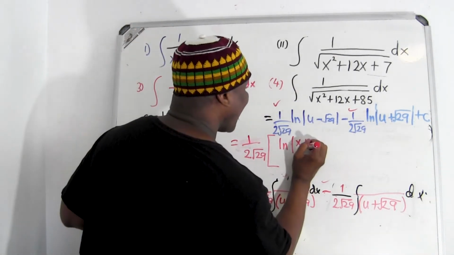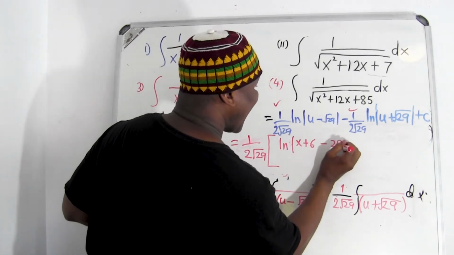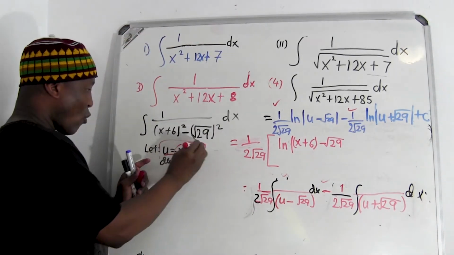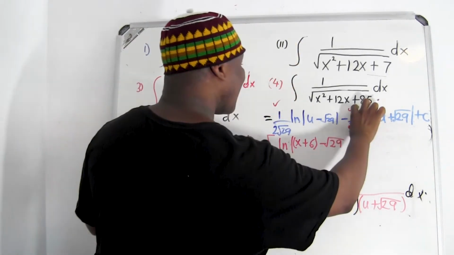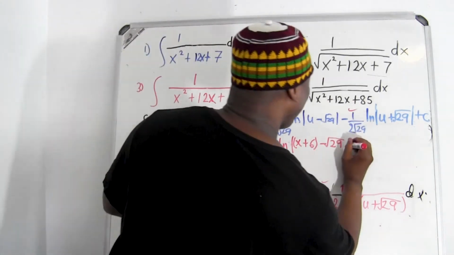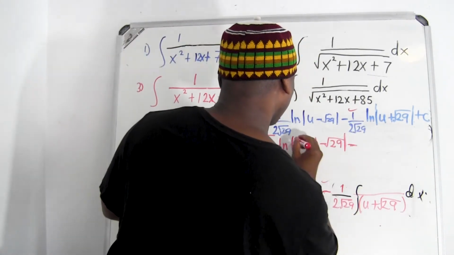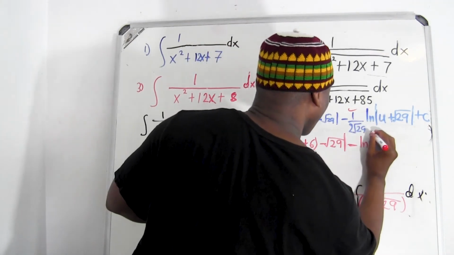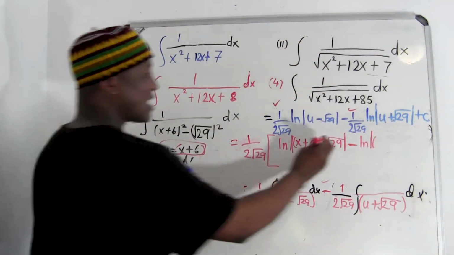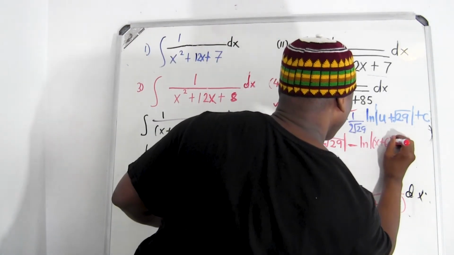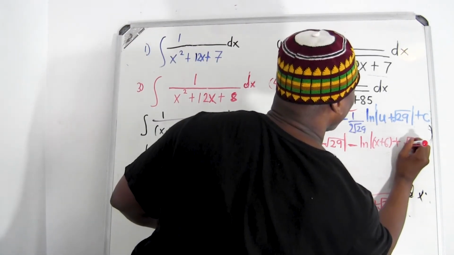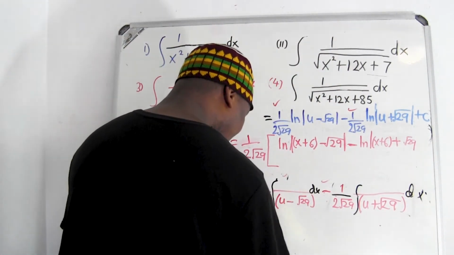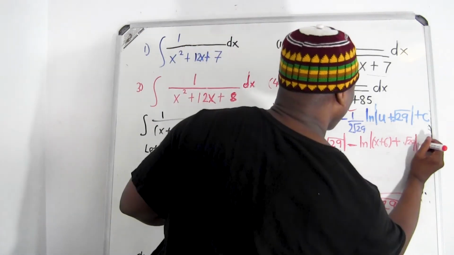So this is going to be the absolute value of x plus 6 minus square root of 29. Now, since this went out in the bracket, this is going to be minus ln absolute of u, with u equal to x plus 6, close the bracket, plus square root of 29, close your absolute, and then plus your c.